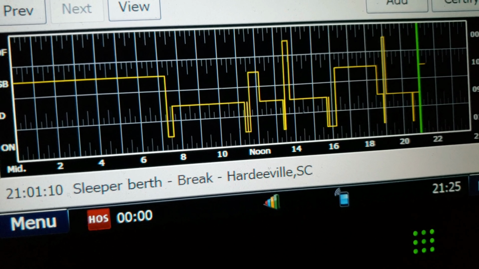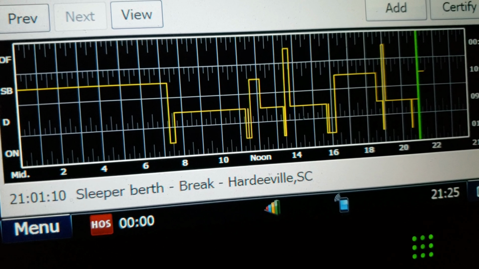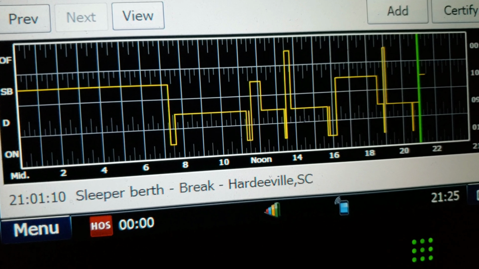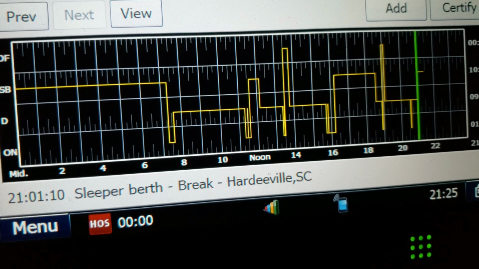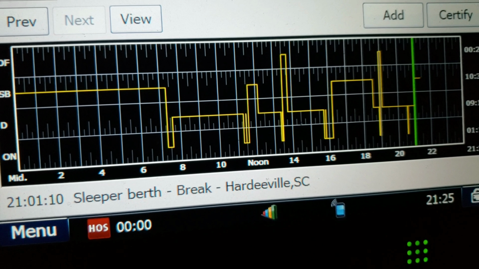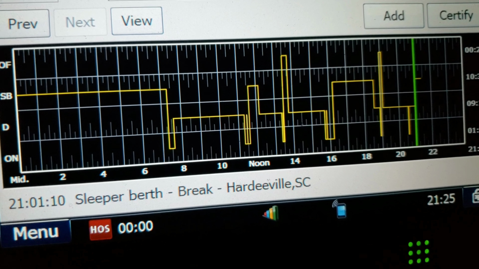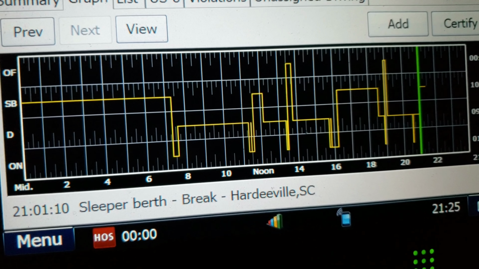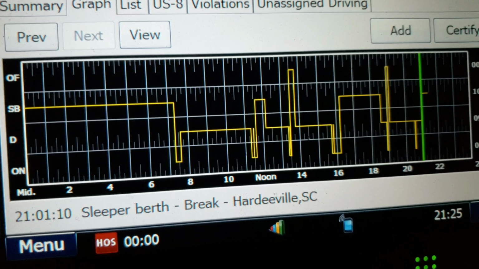So that's roughly 2.5 hours drive time. So after I take the 8-hour break, it'll subtract that 2.5 hour drive time from 11 hours, and that's how much I'll get back. So I'll get back 8.5 hours after I take the 8-hour sleeper berth.